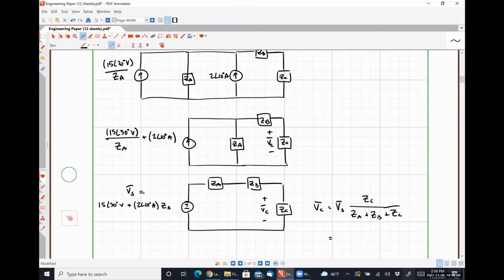So 15 angle 30 plus 2 angle 10 times ZA, times ZC, over ZA plus ZB plus ZC. 15.882 angle 53.571, which exactly matched our previous result.